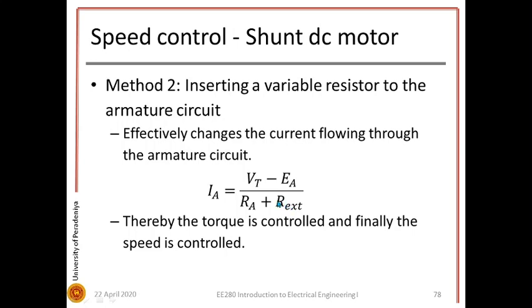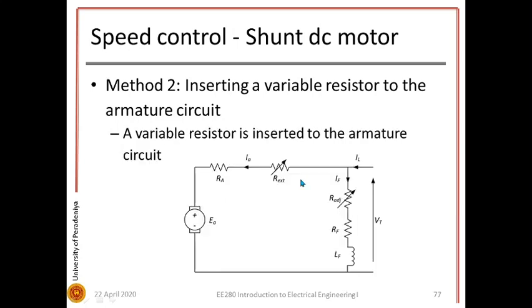So now when you change R external, you can change the Ia value, thereby you can control the torque generated by the machine. One thing you have to remember is that when you insert a resistor here, you are not affecting the field circuit, therefore the flux inside the machine is going to be constant.